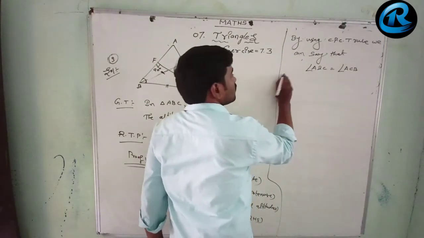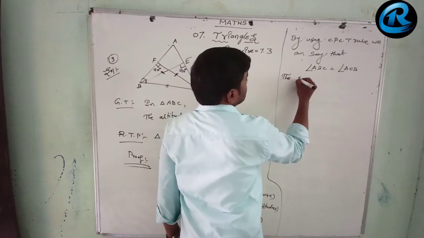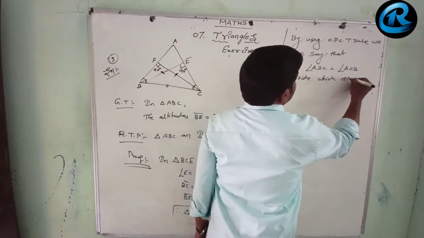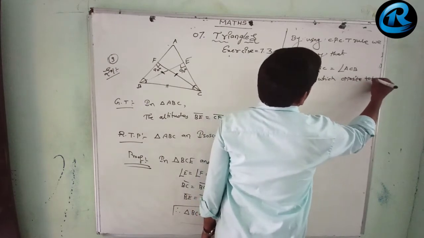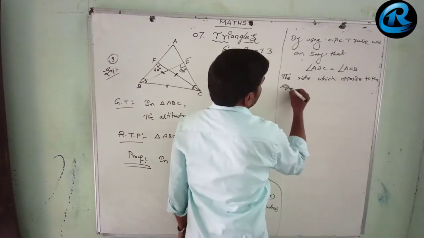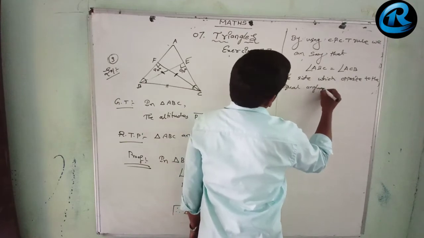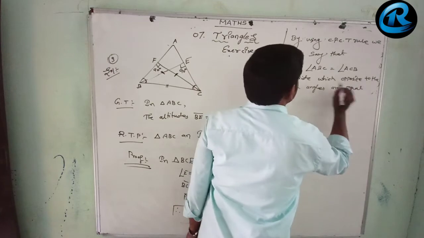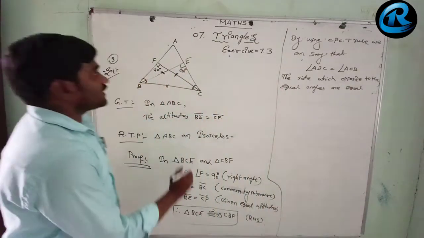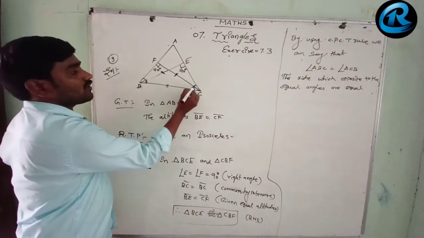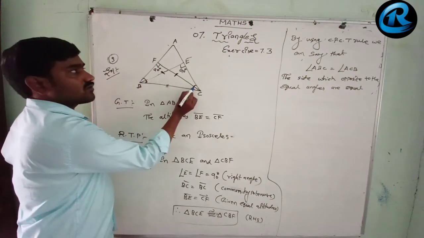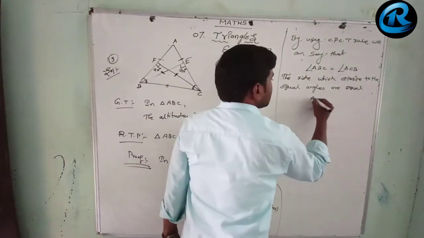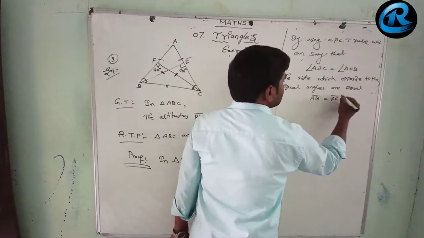The sides opposite to the equal angles are equal. Angle B and angle C are equal, so AB is equal to AC.